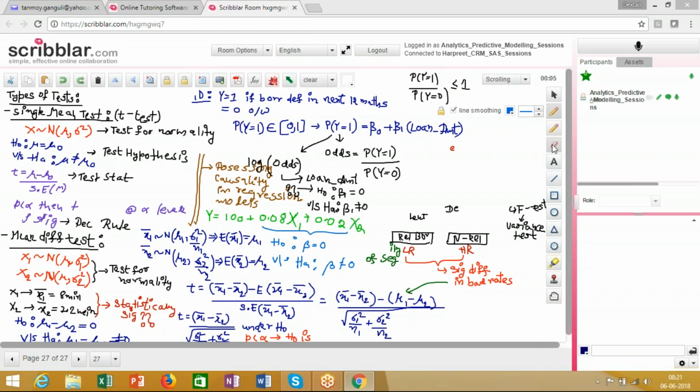So one basic conclusion that we can derive from the discussion that we had till yesterday was that the mean difference test finds a very important application in assessing segments.